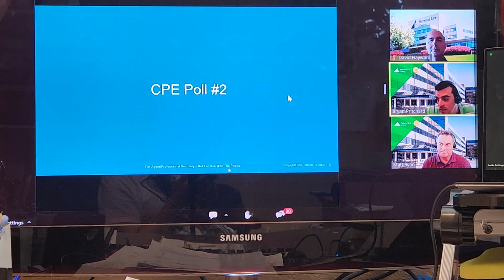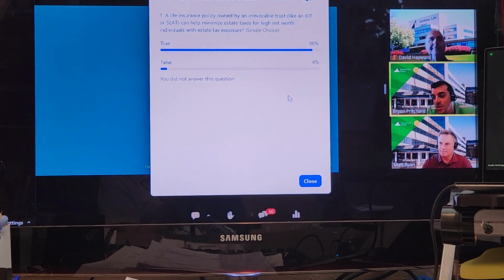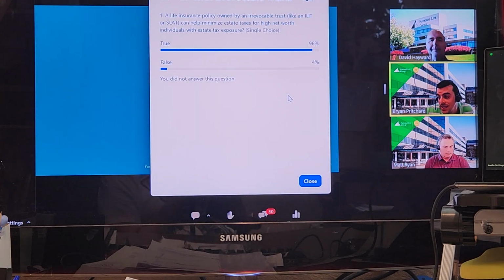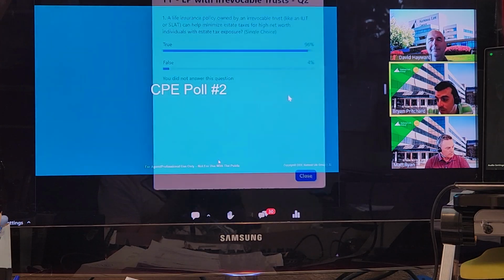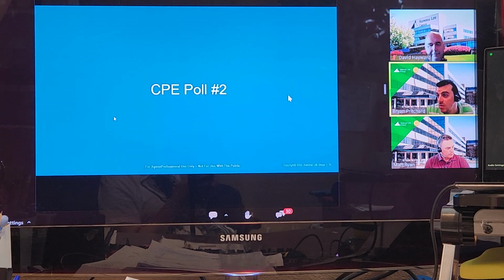Depending on the individual, if they have an estate tax exposure, something like a SLAT, an ILIT, what we're going to talk about, a survivorship standby trust, some sort of irrevocable trust in terms of housing a life insurance policy, can help to potentially minimize and make their estate more efficient when it comes to the estate tax exposure they may be facing. So, fantastic.